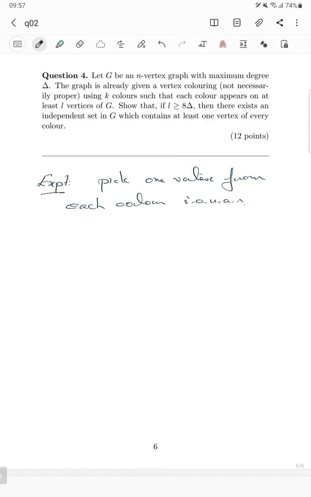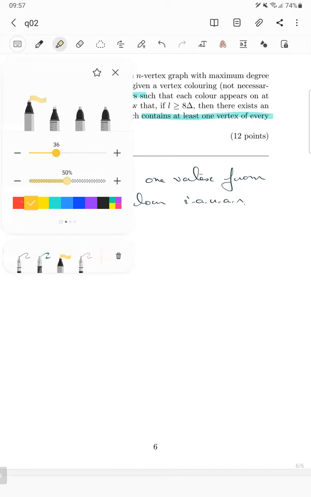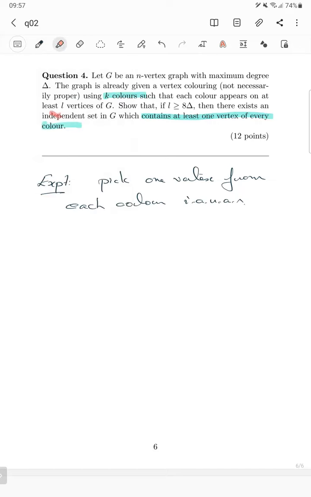So you have k colors, and you will end up picking exactly k vertices, one vertex per color. That automatically satisfies the condition that the set contains at least one vertex of every color. What may or may not be satisfied is the other condition, which is that this is an independent set.